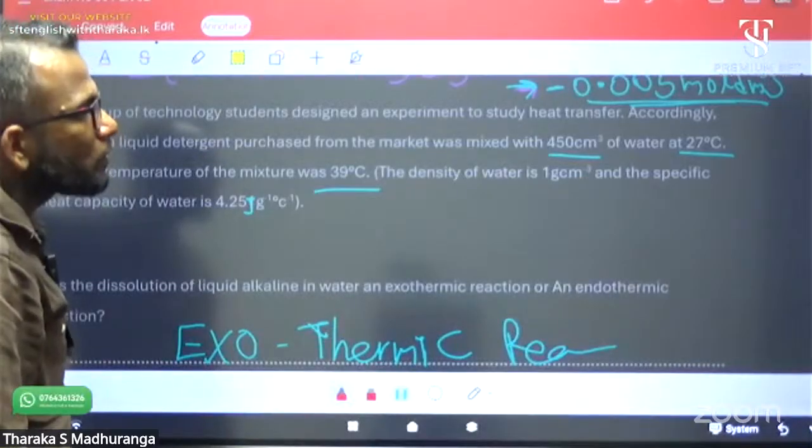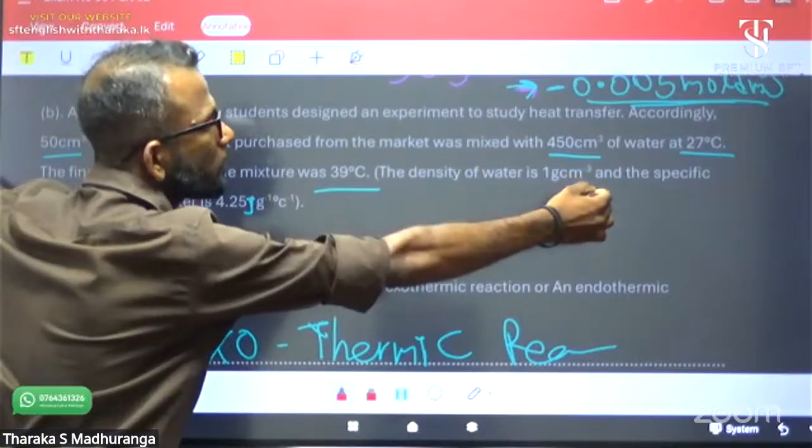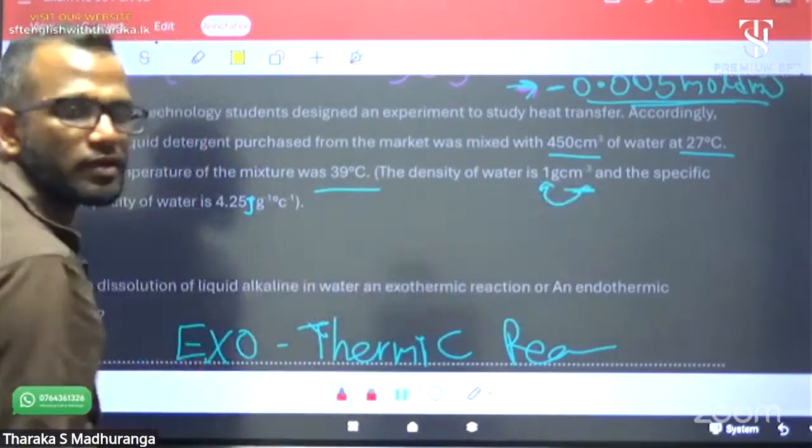Now it is given 1 cubic centimeter equal 1 gram.